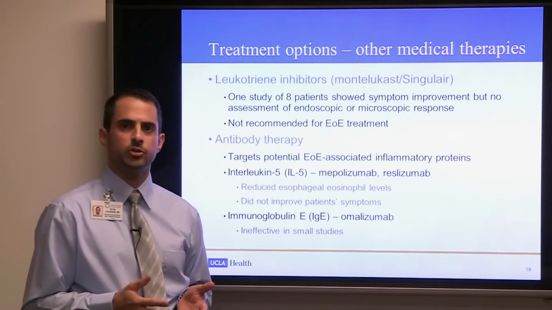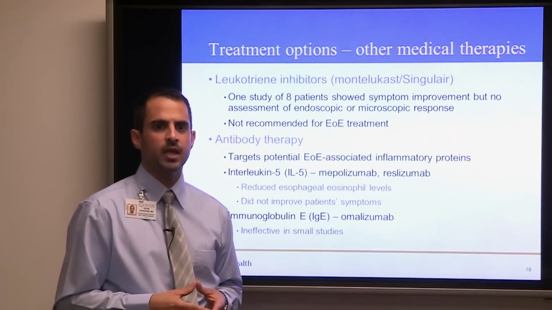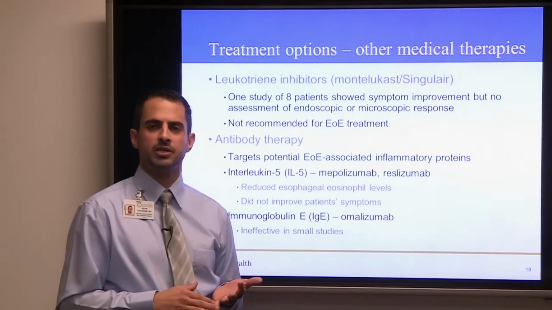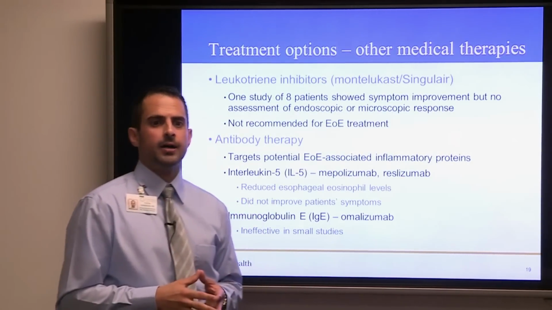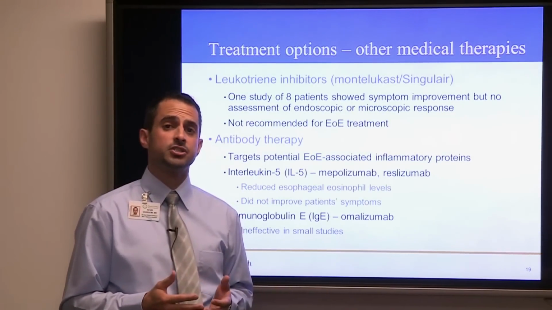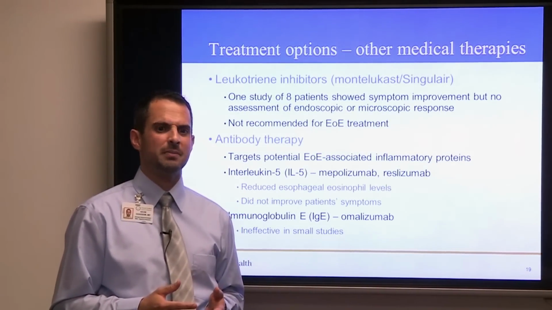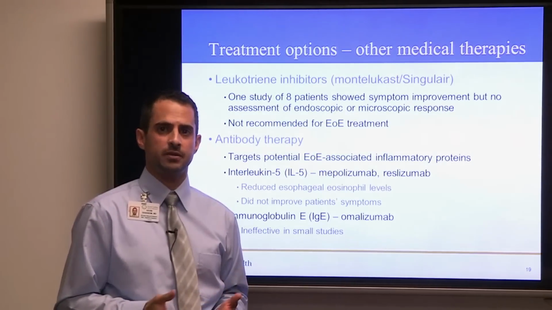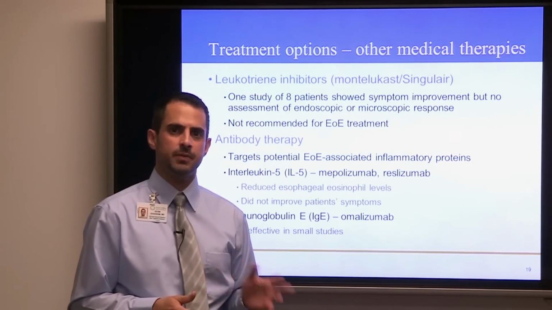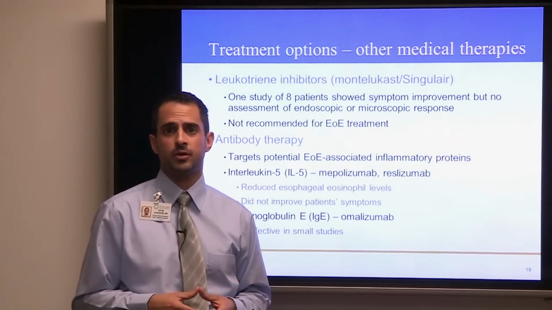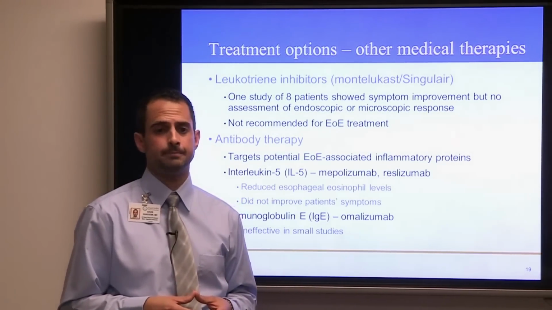One is called interleukin-5, or IL-5 for short, and the ones used are called mepolizumab and reslizumab. More tongue twisters. And these have been shown in studies to reduce the eosinophil counts, but patients really didn't notice any improvement in their symptoms. So while this may be a potential area, it still needs to be better studied, and maybe there's other inflammatory proteins that can be targeted instead.